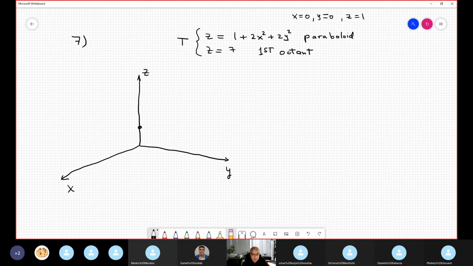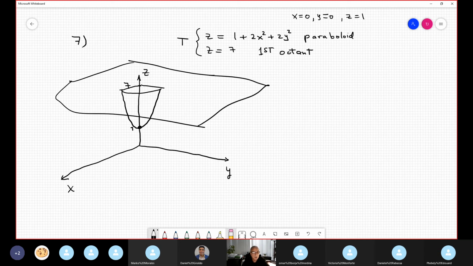However, it's bounded by z equals 7, so this is 1, and this is 7, I suppose. Okay, so my paraboloid is bounded, in my opinion, looking like that, no? The plane z equals 7 is a plane like that, boom.